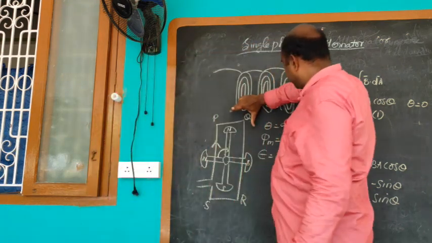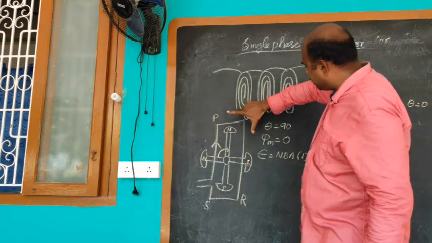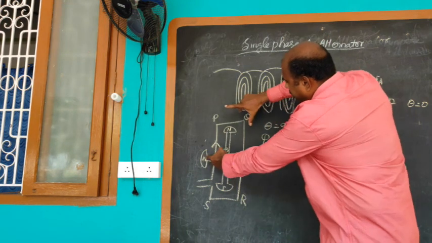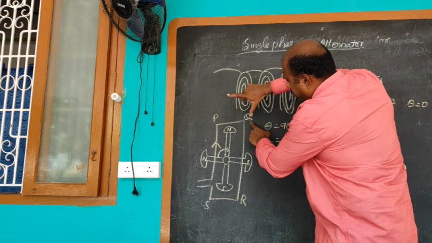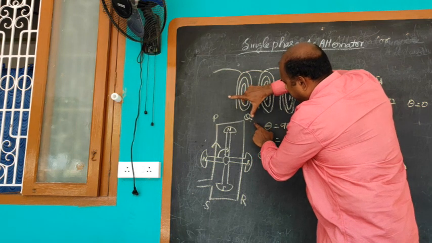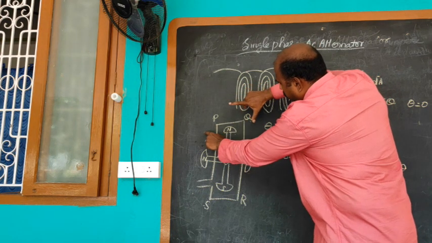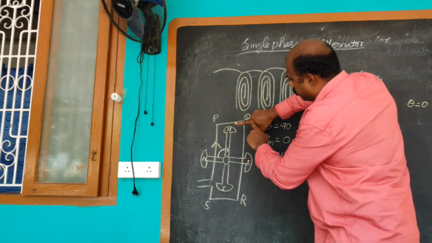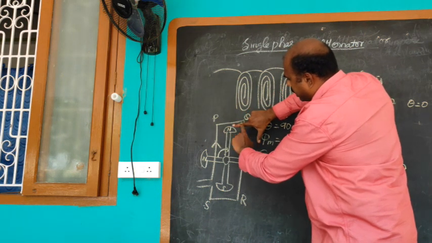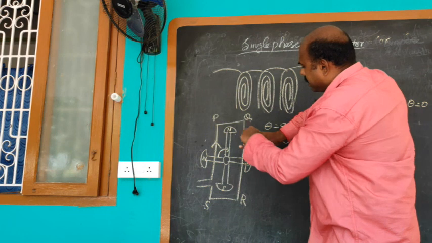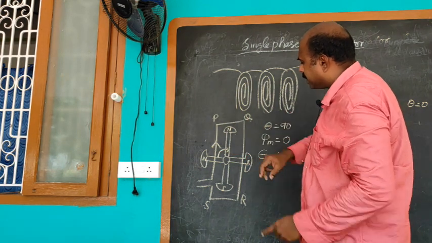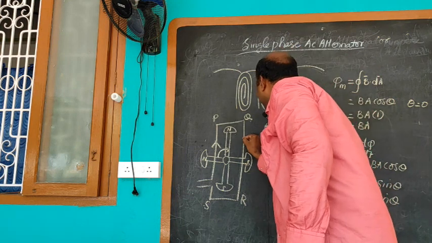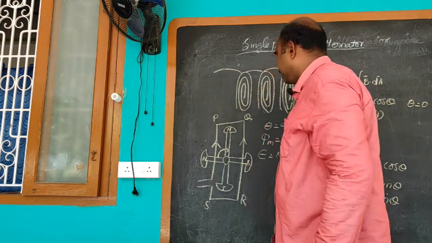Here you are applying the force like this, and when it rotates and comes to this position, here is the north pole. The magnetic field flows from north to south pole like this. The index finger shows the direction of the magnetic field, and the middle finger shows the direction of the current induced in the circuit. It will be in the anti-clockwise direction.